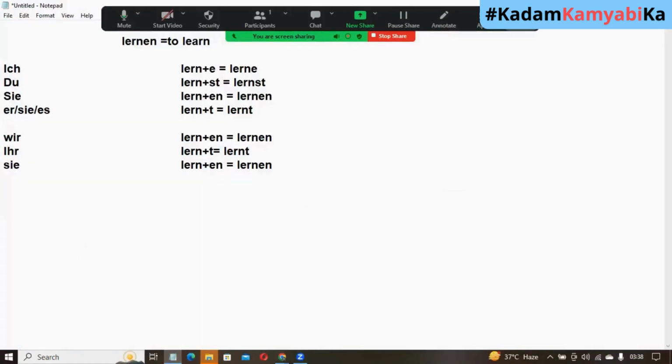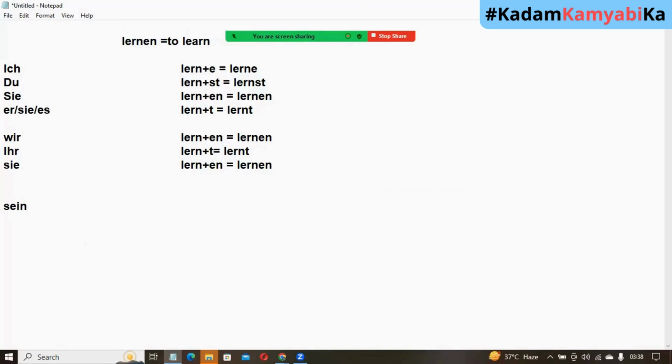It is sein, which means to be in English. So it will be like ich bin. Du bist. Capital Sie, sind. And this sind will come also under wir and small sie, which means they all form.